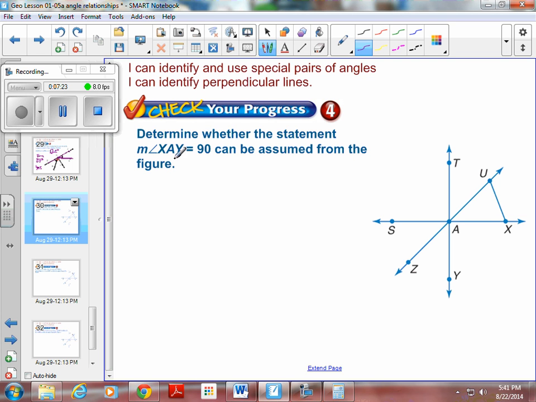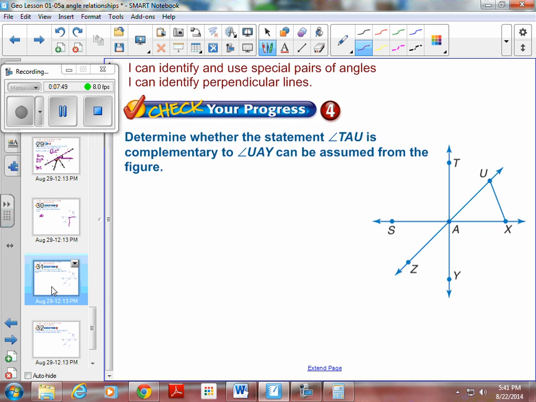Okay, determine whether XAY, X to A to Y, can be assumed from the figure. There's nothing on this figure that tells us any measure of any angle, so there is no way you can tell that that is 90 degrees. It sure looks it, but it's formed by two intersecting lines, but we don't know degrees, so that's a no. We can't say that for sure. How about this one?